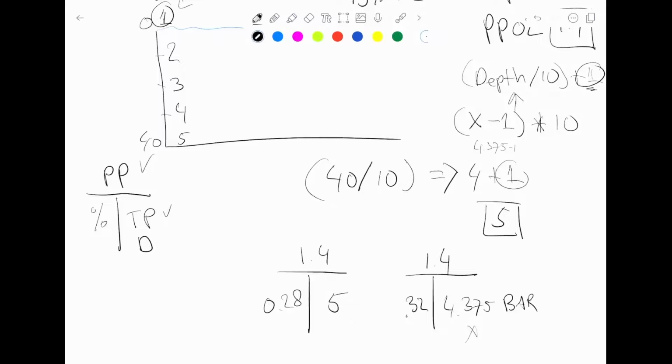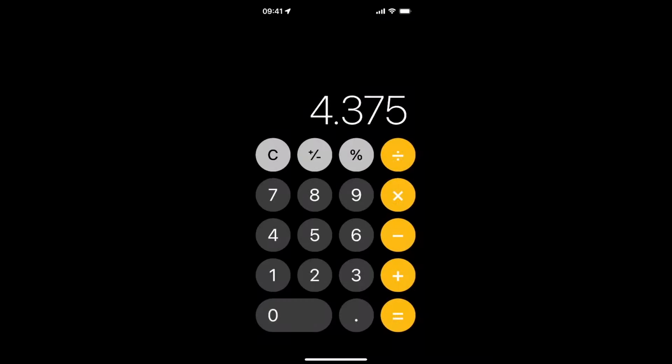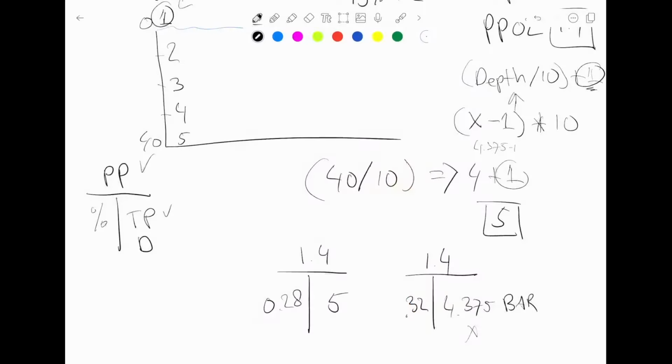So let's have a look at my calculator. So we take this number, minus 1, 3.375, multiply that by 10, and then the answer is 33.75 meters.